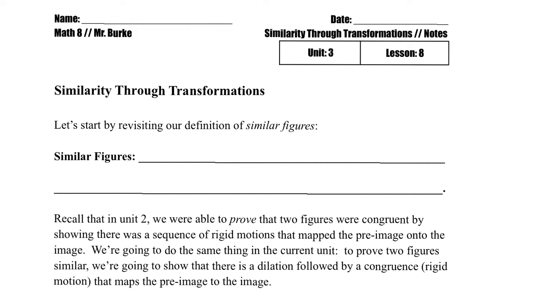Okay, so this is Unit 3, Lesson 8. We're going to talk about similarity through transformation. So let's just start out by quickly revisiting our definition of similar figures. Remember that similar figures are two figures who are the same shape but different sizes.